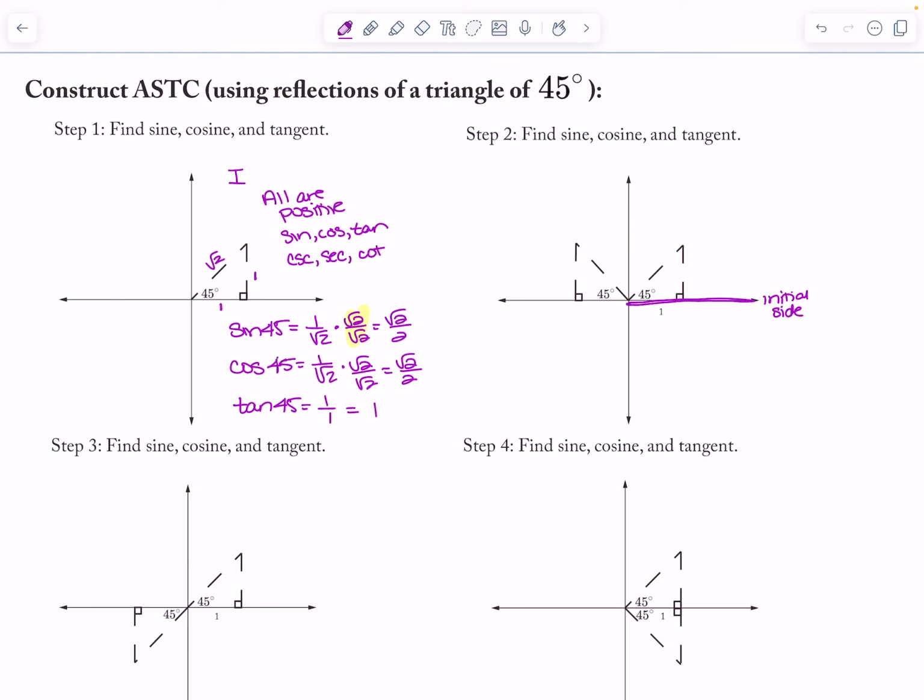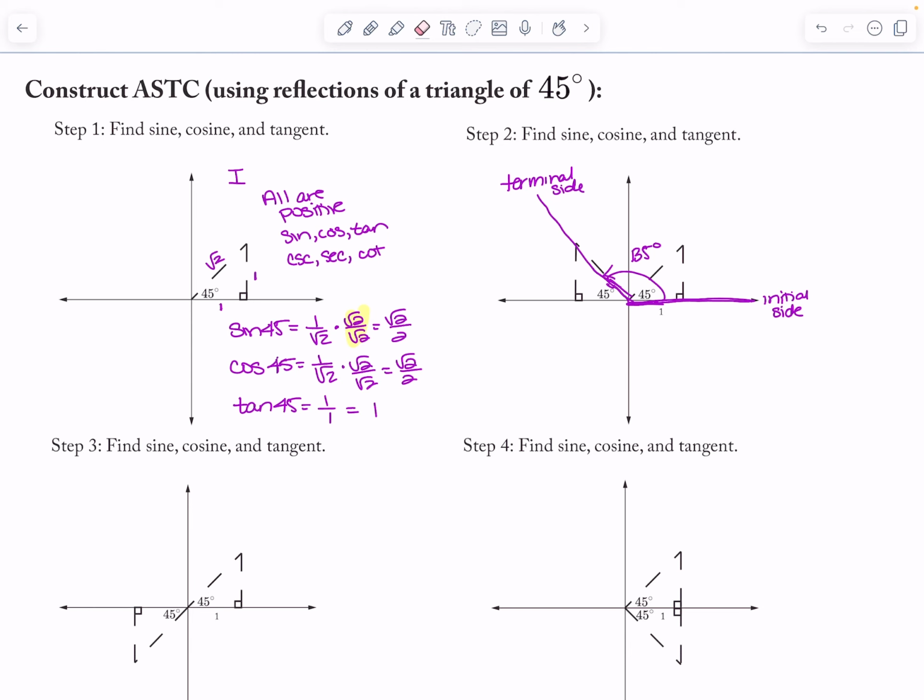And now if I reflect, I'm actually looking at this angle here. So here's my terminal side. So my total angle from my initial side to my terminal side is 135 degrees. Okay. And so what I'm looking for is sine, cosine, and tangent of the angle of 135 degrees.